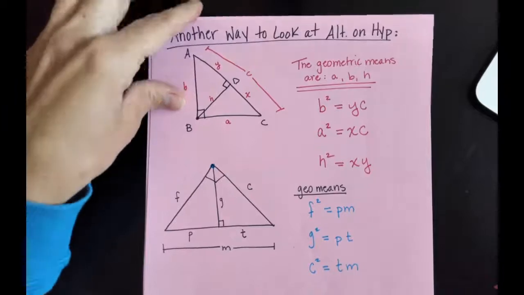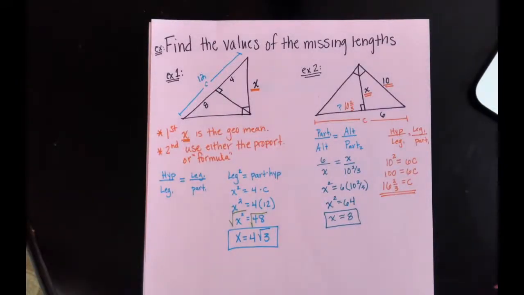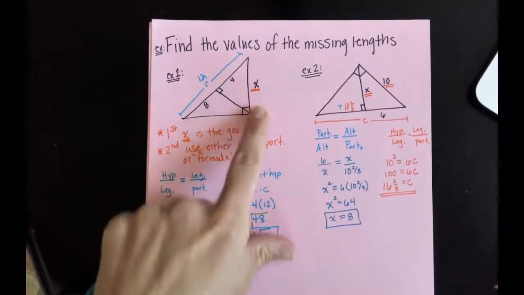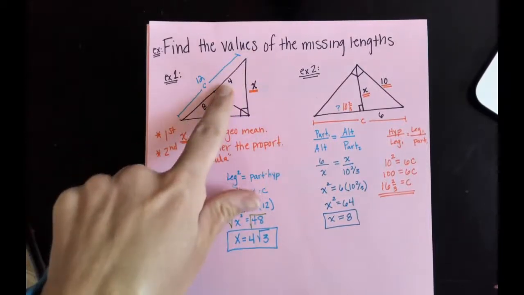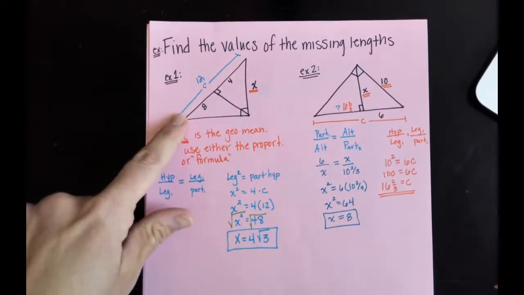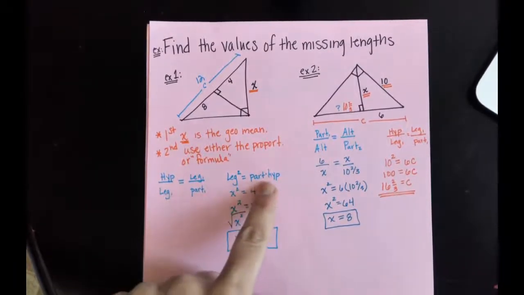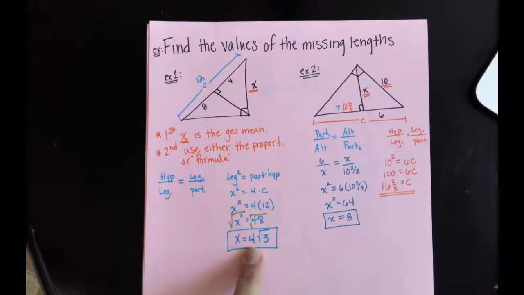And then we did 2 example problems just to see if we could solve for our variables. We had one where we looked at what our x is. X actually is the geometric mean of our adjacent side and the entire hypotenuse. So we either wrote this formula or showed the cross multiplication, and we filled it in and solved.